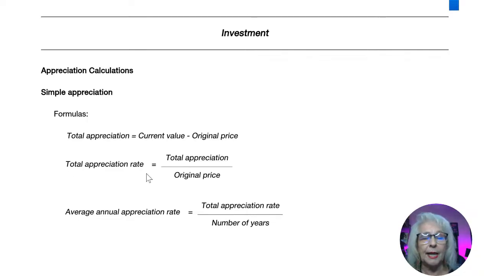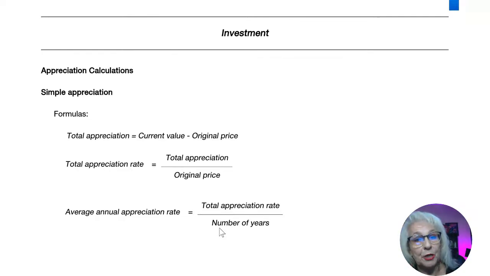The total appreciation rate is the total appreciation, the current value minus the original value, divided by the original price. The average annual appreciation rate is the total appreciation rate divided by the number of years, because it can appreciate every single year.